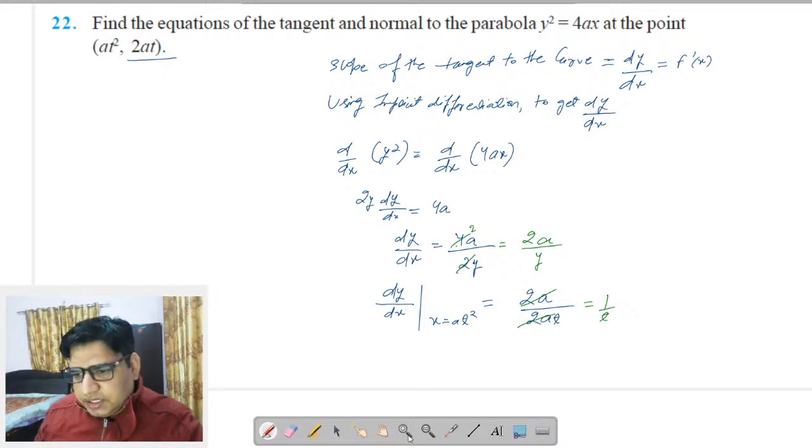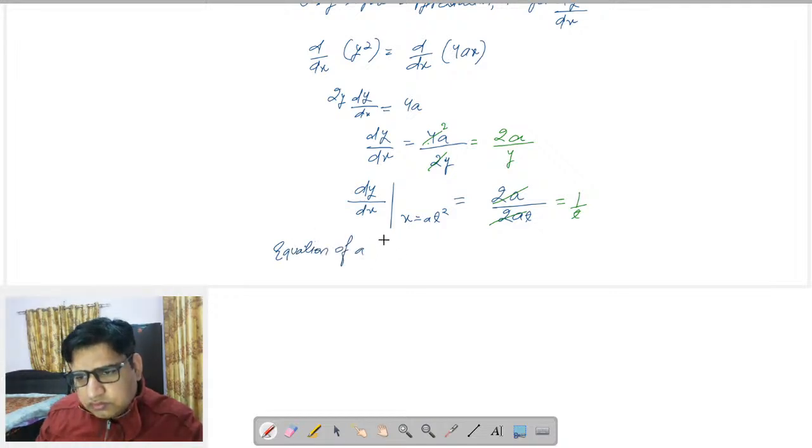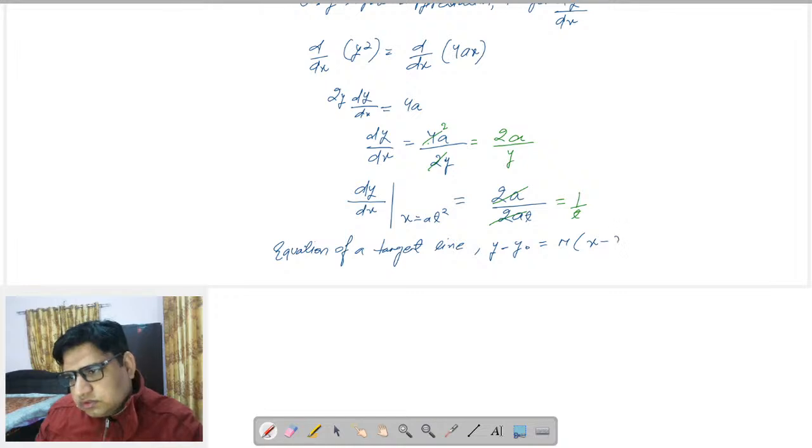We need to find the equation of the tangent line, and in order to find it, what else we need to know is the equation of a tangent line. We'll simply write the equation of a tangent line: y minus y naught equals m times (x minus x naught).